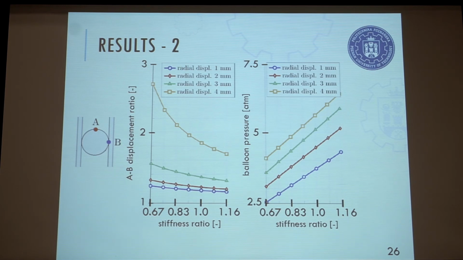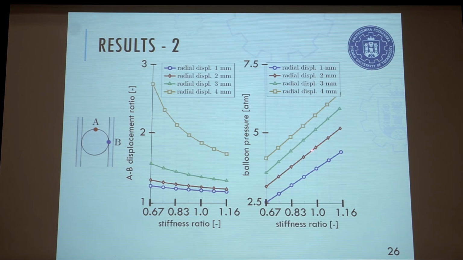Okay, and further results. Here you see some plots which could be used to predict the behavior of the balloon during the intervention, while we have different stiffness of the balloon. So this plot could be used, for example, if the physician would like to obtain a radial displacement of 2 millimeters.